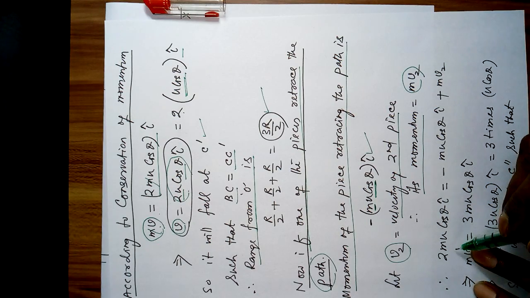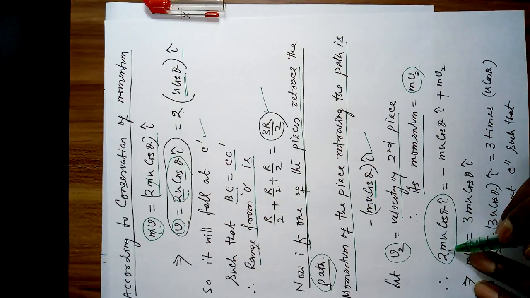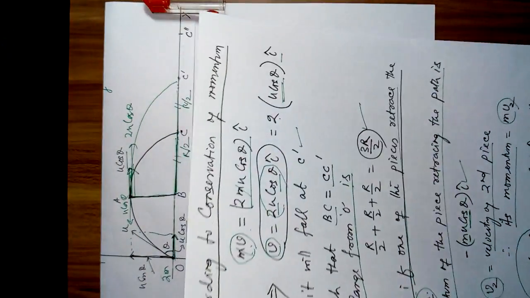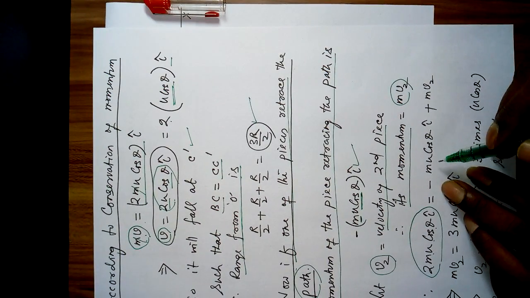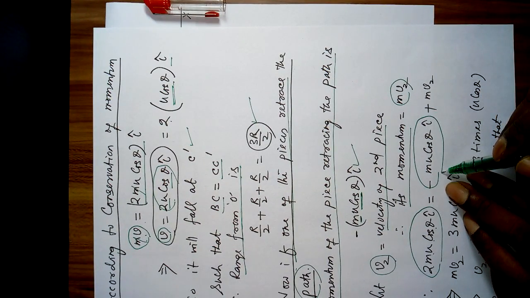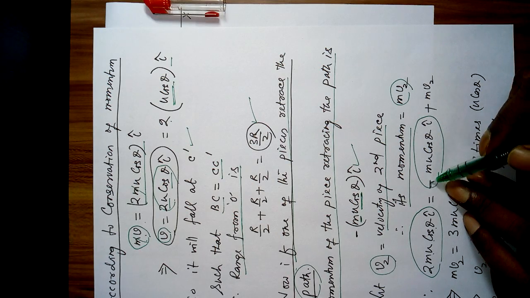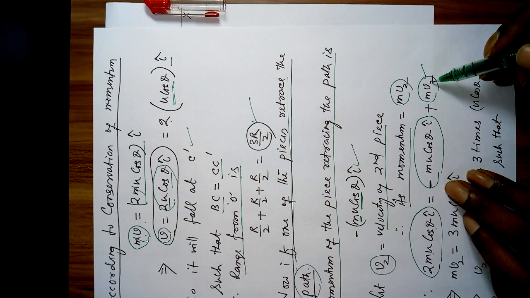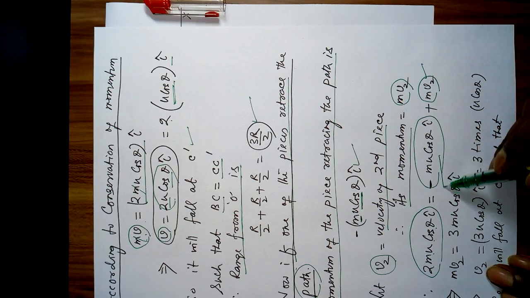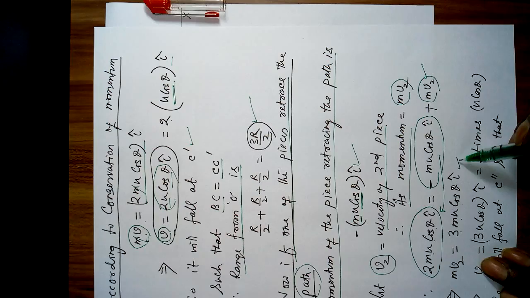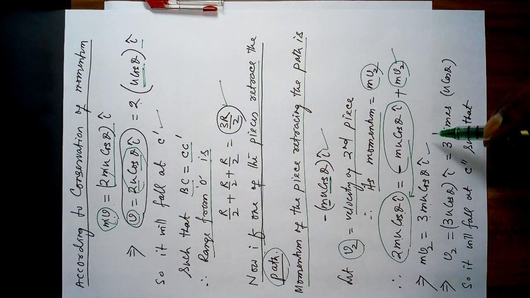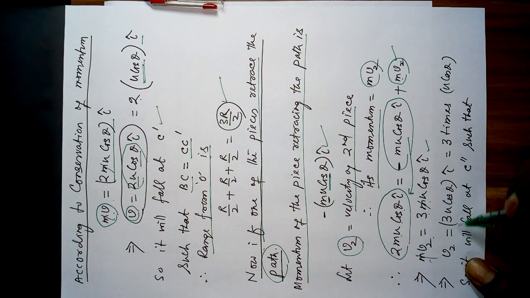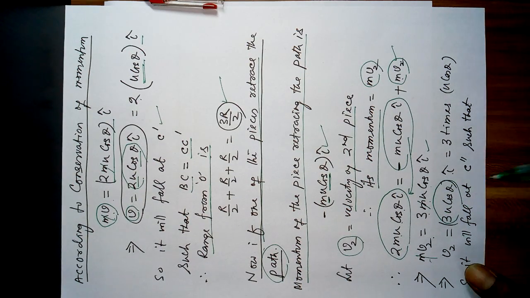Therefore, the previous momentum before breaking was 2 mu cos theta i cap along this side, and the present momentum is, for the piece retracing the path, and this is the momentum of the one that is left, whose velocity I have taken as v2. So this comes to this side, becomes 3 mu cos theta i cap. I am left with mv2. So m cancels, so v2 is equal to 3 u cos theta i cap.